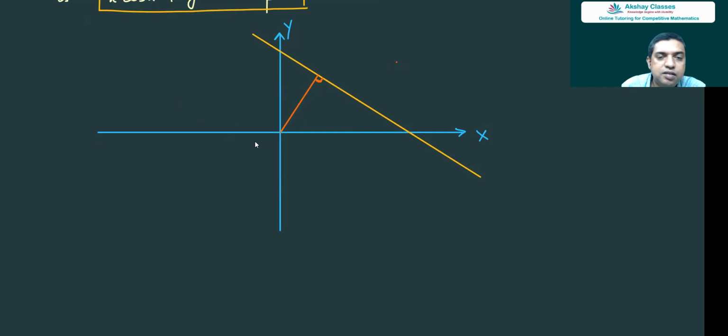It's perpendicular. Now this is the origin O, and let P be the perpendicular foot. The distance OP is p units, and the angle made by this normal with the x-axis is alpha.